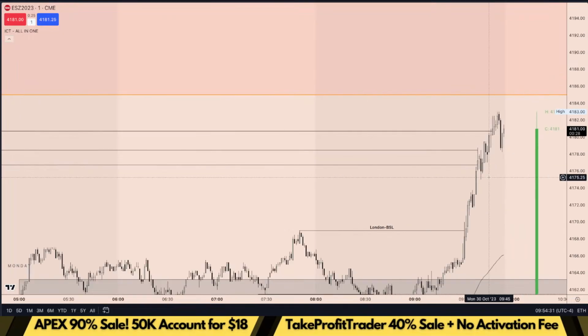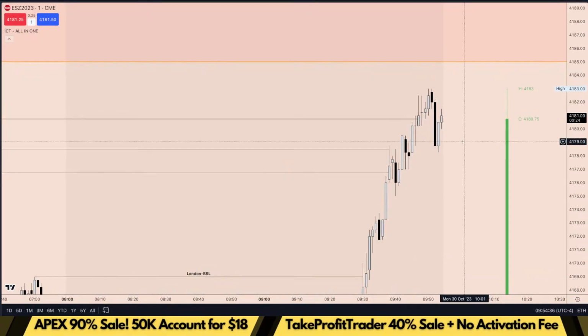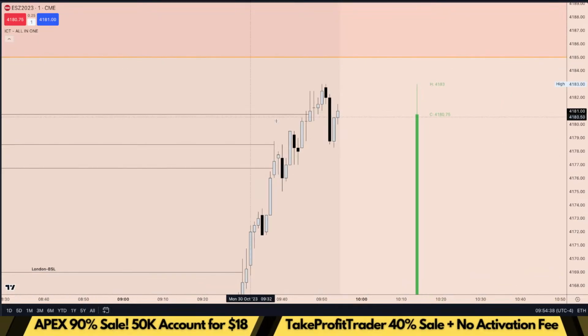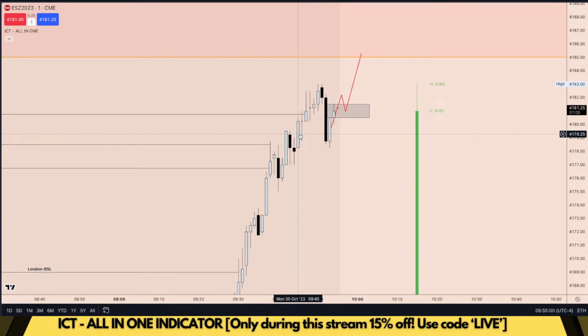On a 1 minute time frame, we can see that we have put in place a retracement. So what we would want to see now is to reach this buy side liquidity. Basically, there are two ways we're going to reach that. We're either going to push up, close above this bearish fair value gap, and continue to the upside, shaking out a few buyers on this move to the upside, getting scared that we might have seen the top.